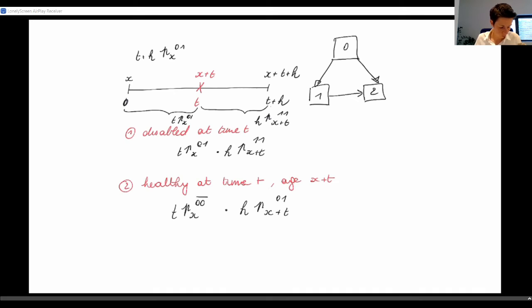And for this latter probability, we know by one of the assumptions that we made earlier on, and one of the examples we tackled earlier on, that we can write that as such.